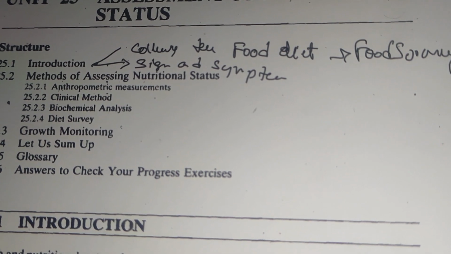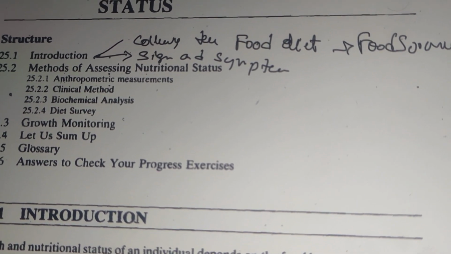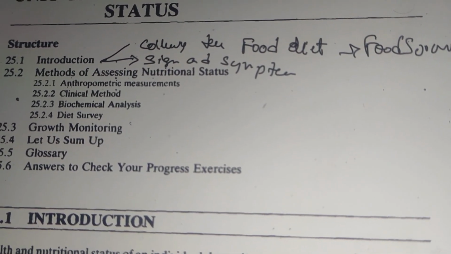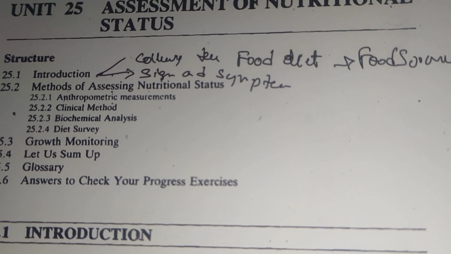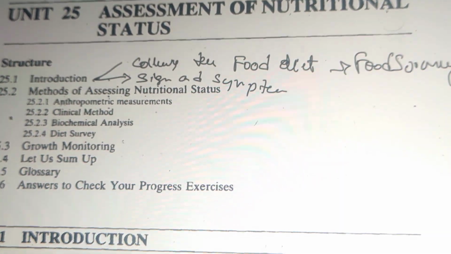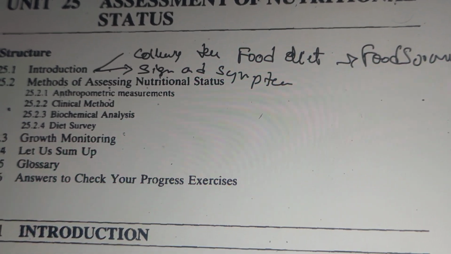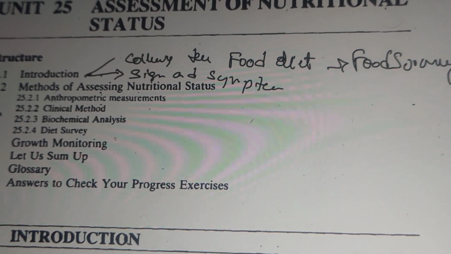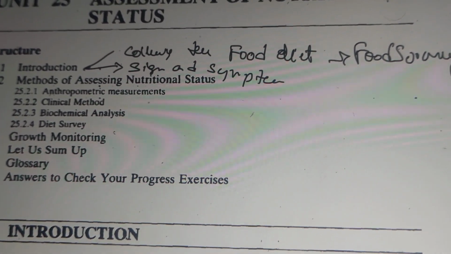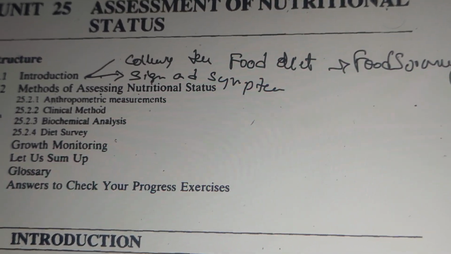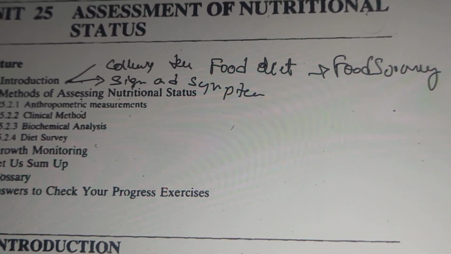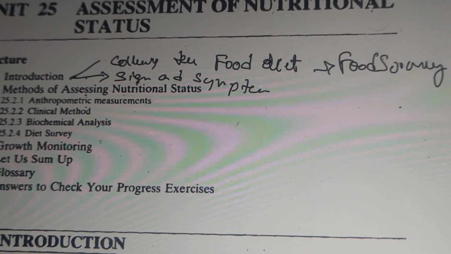For example, in iron deficiency, you can see spoon shaped nails, and the skin is pale, the eyes are pale, the tongue is pale. So by seeing all these signs and symptoms you can understand the clinical condition. According to that, you will understand what deficiency is causing that clinical condition, and this way you are going to assess the nutritional status of that person.